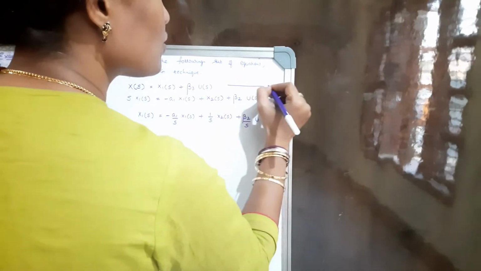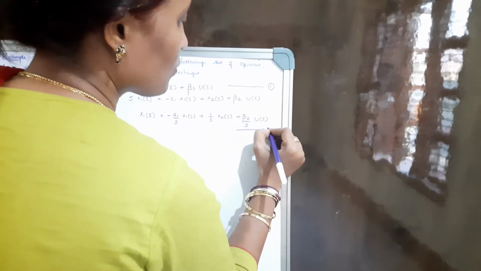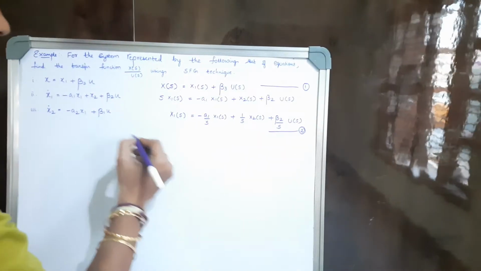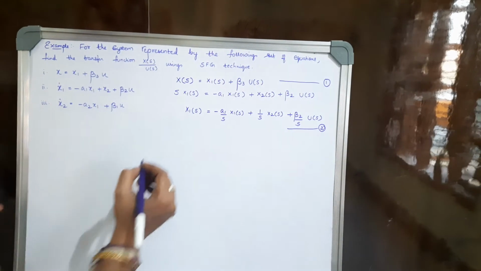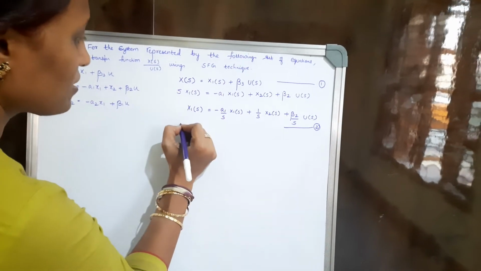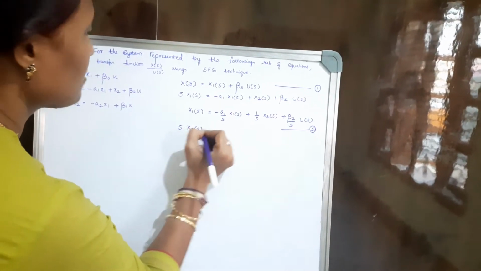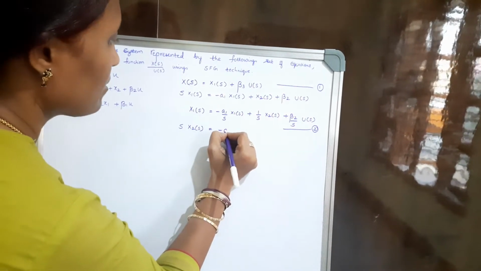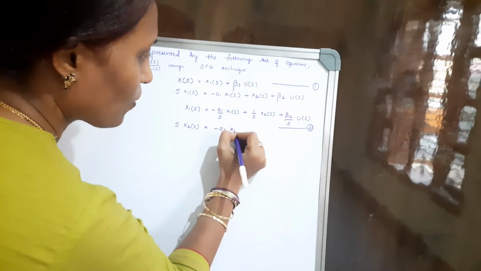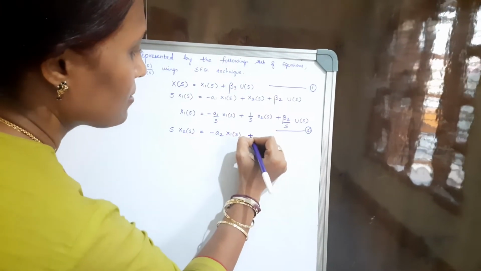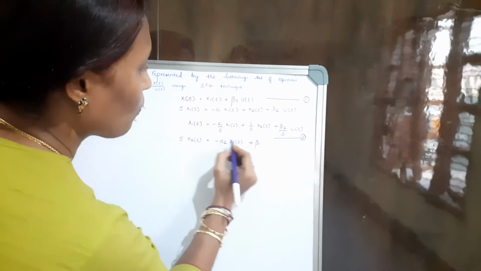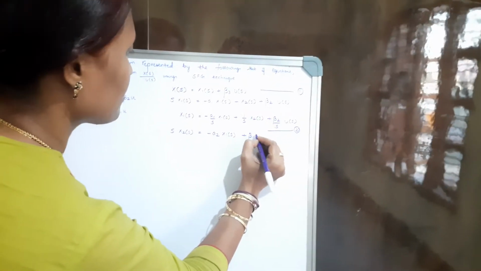Okay, call the first equation 1 and this equation 2, and now I am going to take the Laplace transform for the third. This is also a first derivative. So, s X2(s) = -a2 X1(s) + β1 U(s), where a2 and β1 are constants or constant gains.